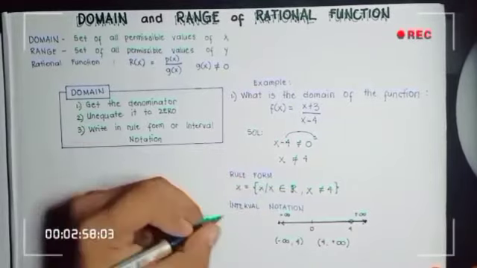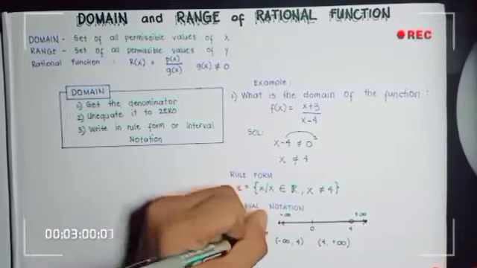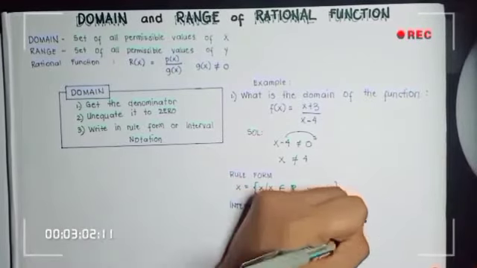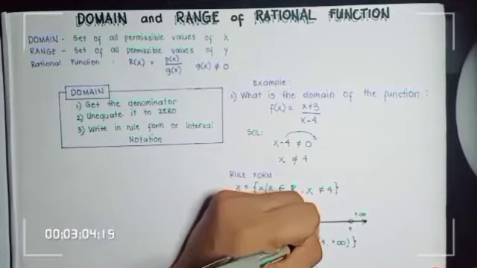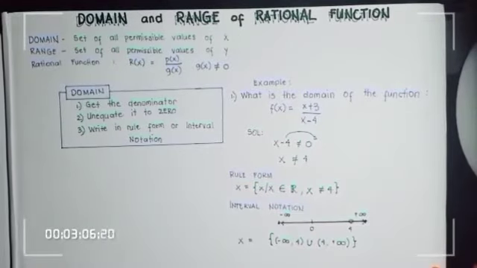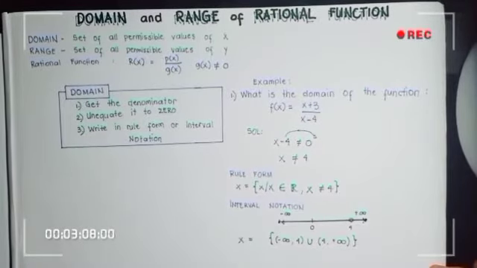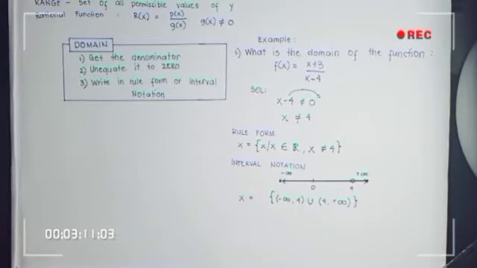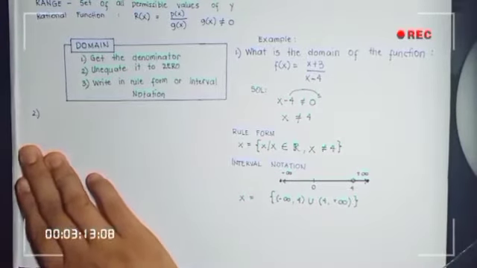And then, getting the union of the two intervals, we have already the solution set. We have negative infinity to 4, and 4 to positive infinity.